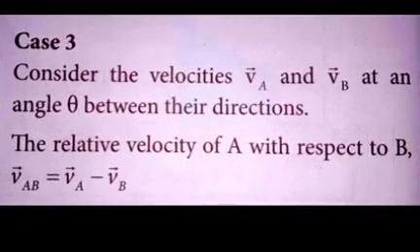Students, in case 1 and case 2 we discussed objects moving in one dimension. In case 3 we are going to discuss two dimensions. Now consider VA vector and VB vector as the two velocities of objects A and B moving at an angle.